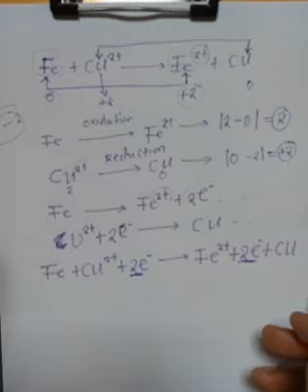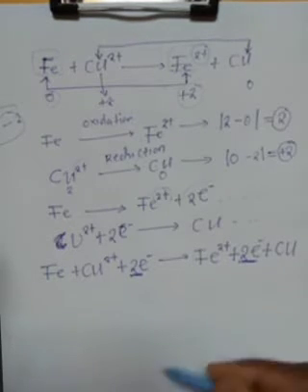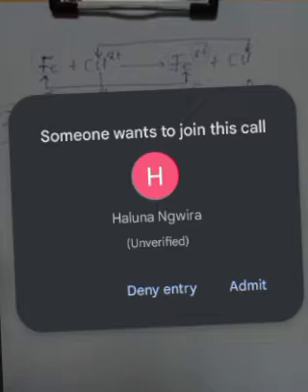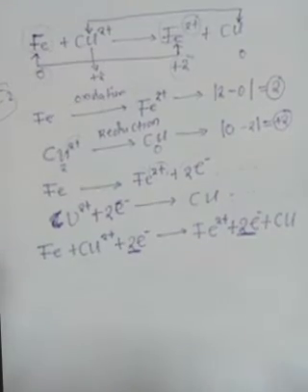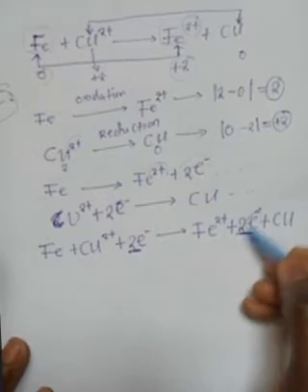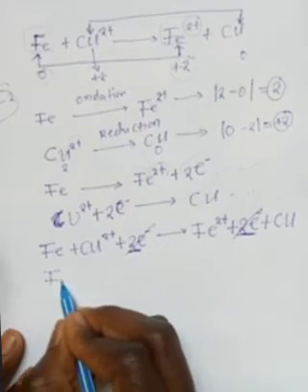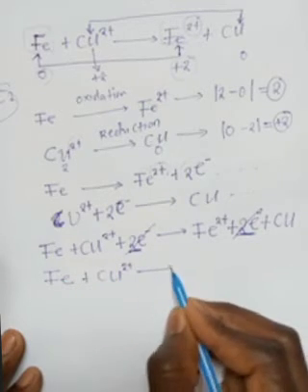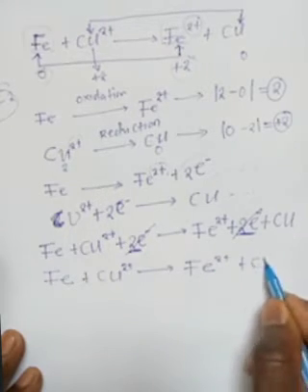The other type of reaction that we're going to solve now, you see what I mean when I say you have to cancel this out and how you can balance the number of electrons, and how you are supposed to balance the substances that are not in a form, or that do not have oxygen. So you cancel this, you cancel that, meaning that your reaction is going to be Fe plus Cu 2 plus, giving you Fe 2 plus plus Cu.